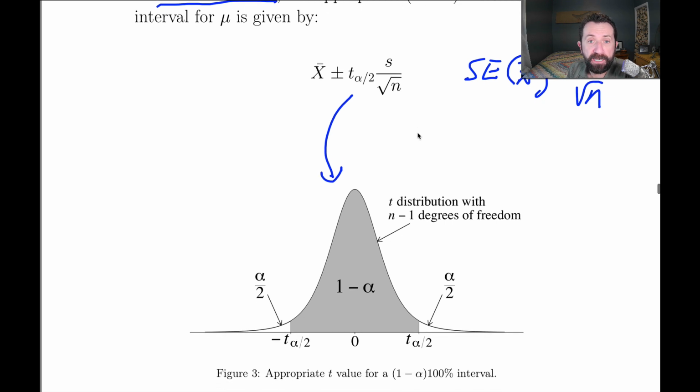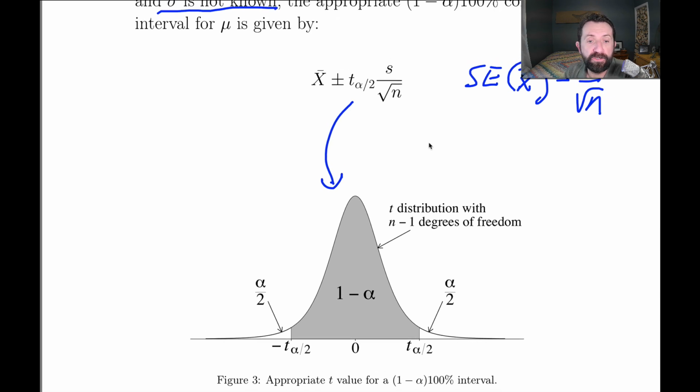For us, right now in this problem, it's n minus 1 degrees of freedom. It's the exact same structure as for the case where we're using the standard normal distribution. It's just with a t distribution now, and we're going to get these values from R or other software. So it's the same deal, just a different distribution.